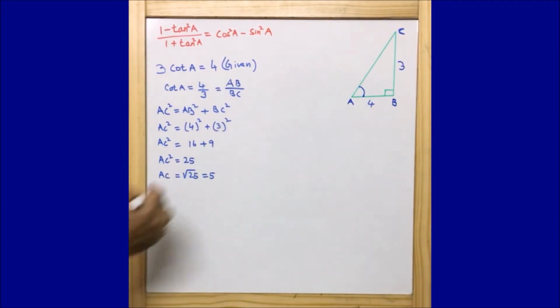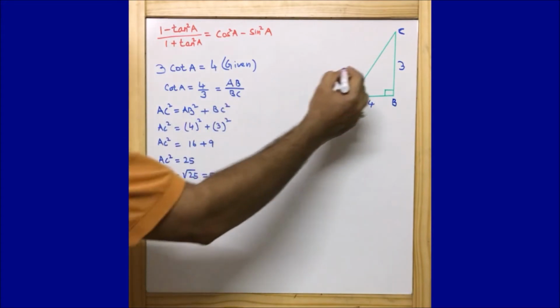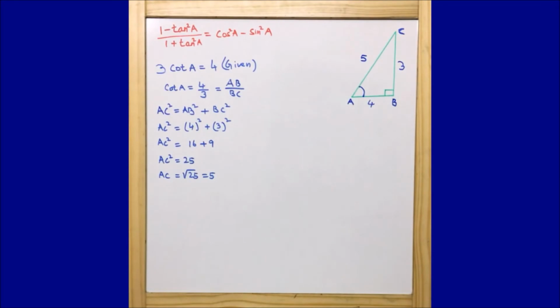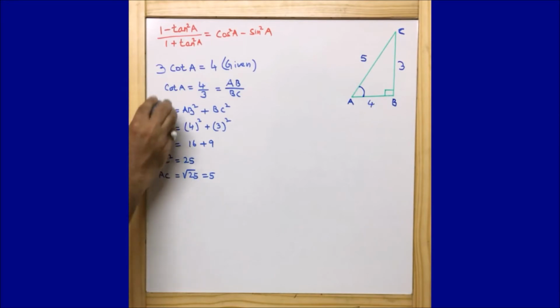So we are able to find out the value for the side AC, that is equal to 5 units. Now with these things in hand, let us move ahead and see if 1 minus tan square A upon 1 plus tan square A is equal to cos square A minus sin square A.